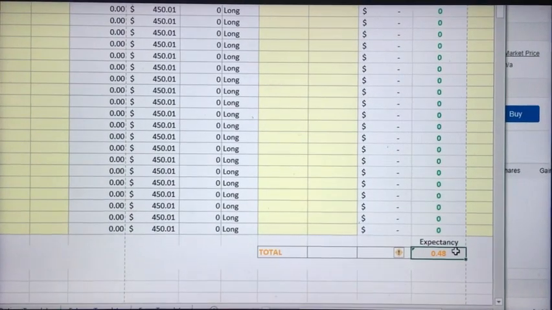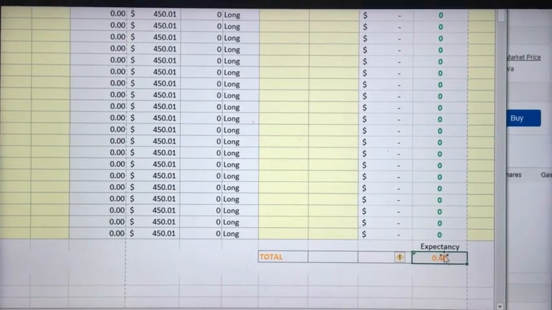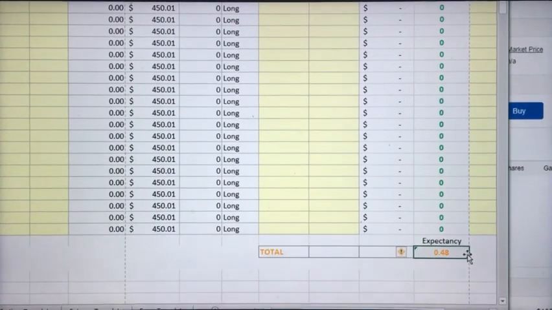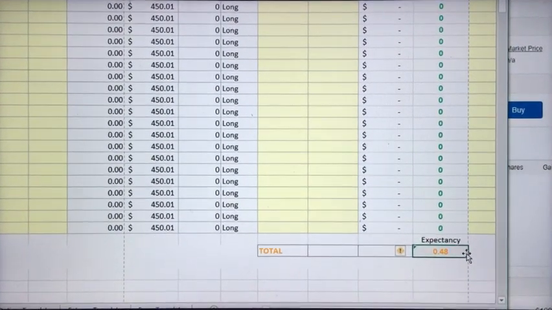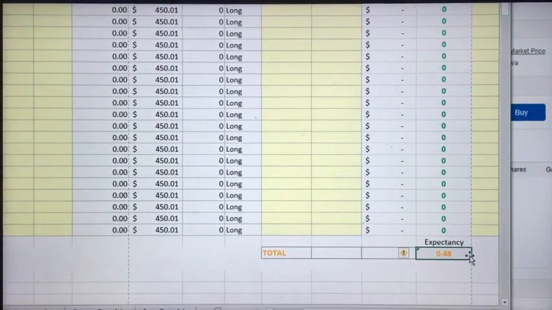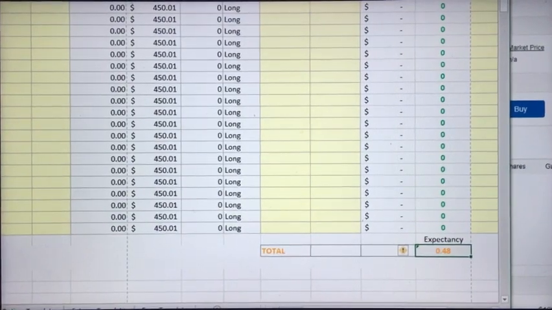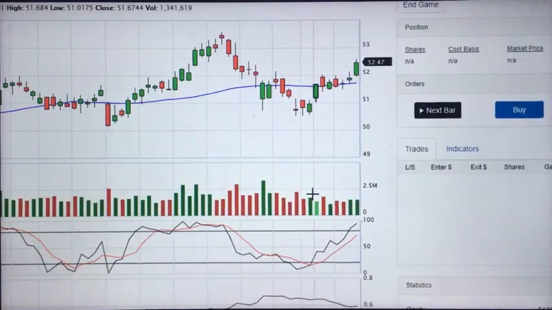Airplane analogy, not going to crash that plane. What you're looking for is an expectancy number above 0.2. If you've got it above 0.2 and you can consistently keep it above that, you have a good expectation you are going to have good trading results.